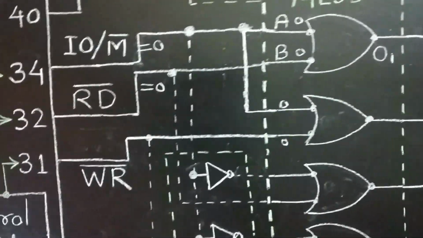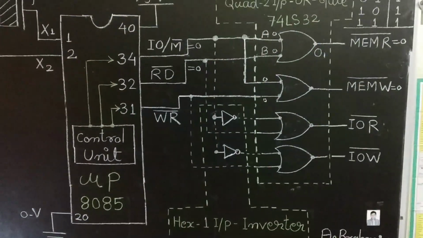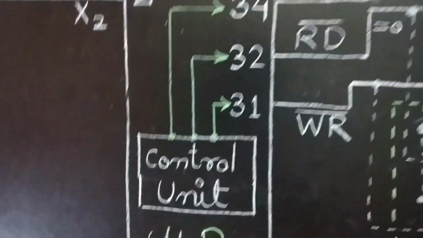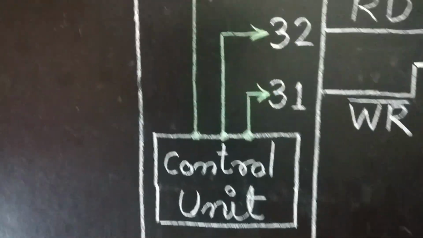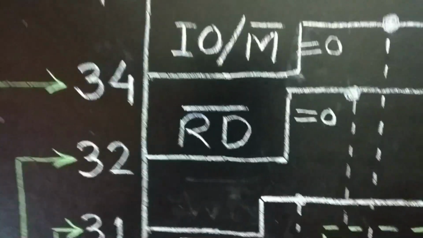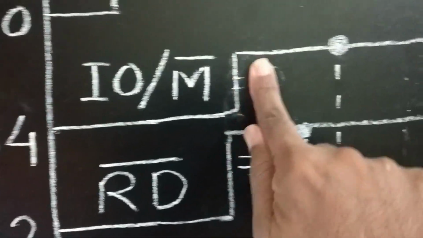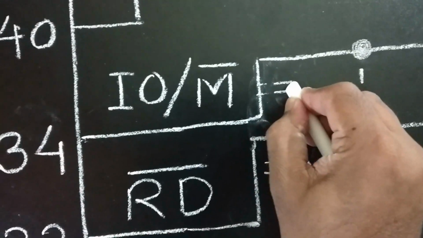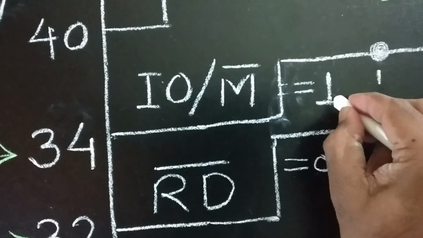Now going ahead, whenever we are having IO operation, the control unit of the microprocessor 8085 will generate this IOM bar signal as equal to 1. This IOM bar now will not be equal to 0. This will be equal to 1, because it is an input output operation.